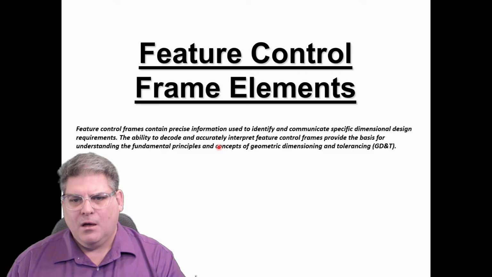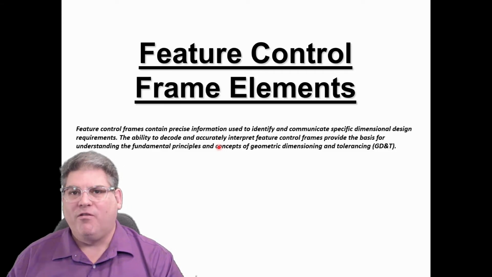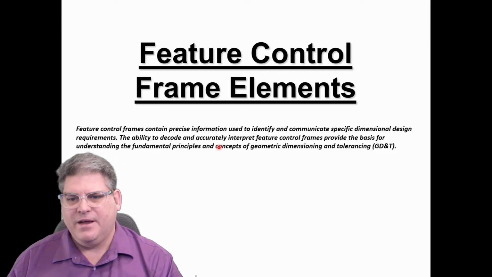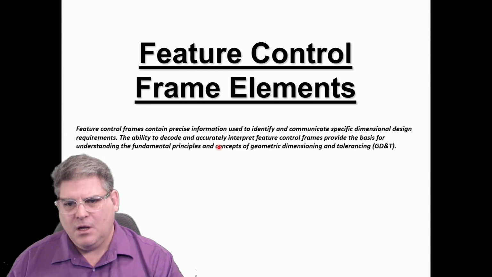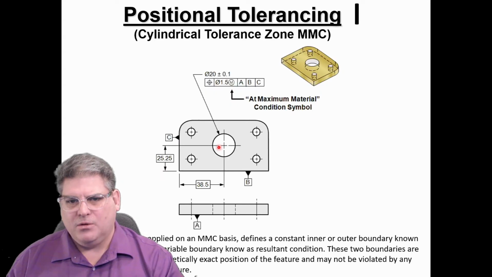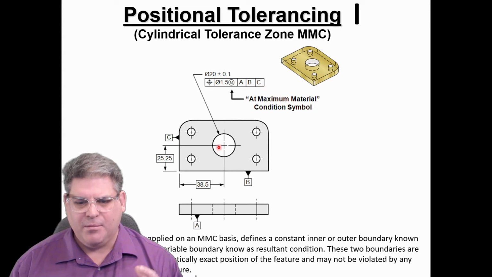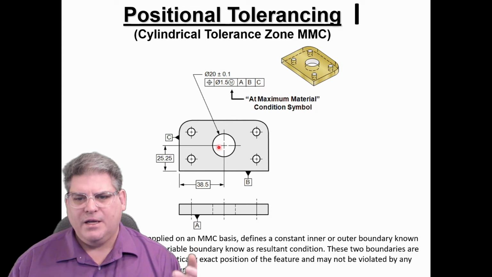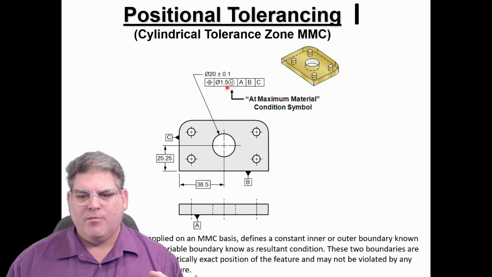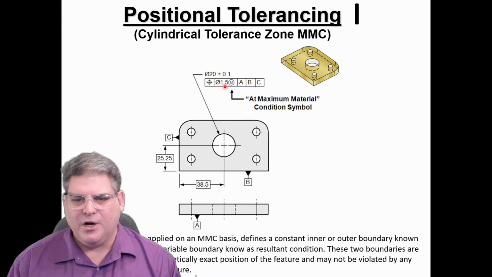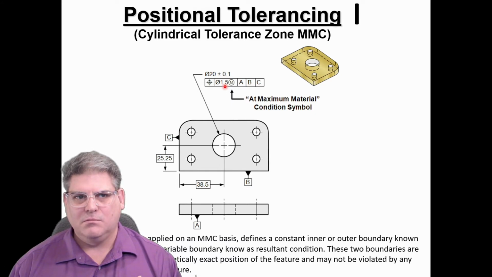Okay, so now the control frame elements. This is where things get interesting. Okay, so here we go. Positional tolerances. Okay, a positional tolerance is this symbol here, and it refers to where this feature is. And now with a hole, a round hole, it's somewhat easy because it's round.